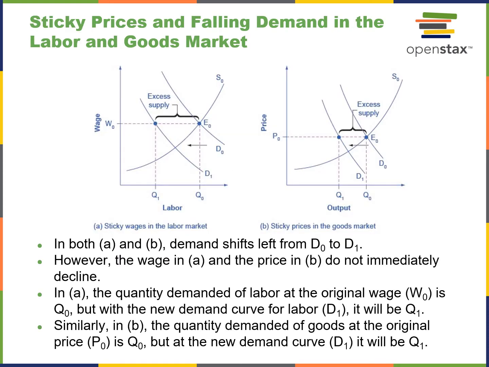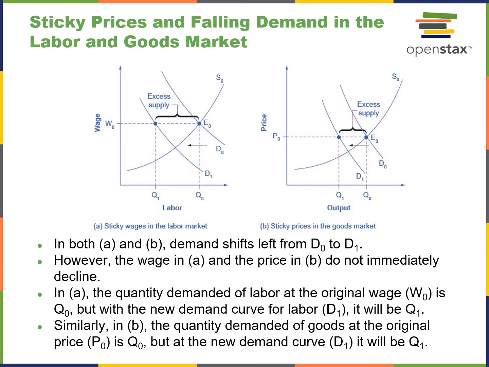Sticky prices and falling demand in the labor and goods market. So there's an illustration in both A and B. Demand curve shifts left from D0 to D1. However, the wage in A and the price in B do not immediately decline. In A, the quantity of labor demanded at the original wage is Q0, with the new demand curve for labor D1 it will be Q1.